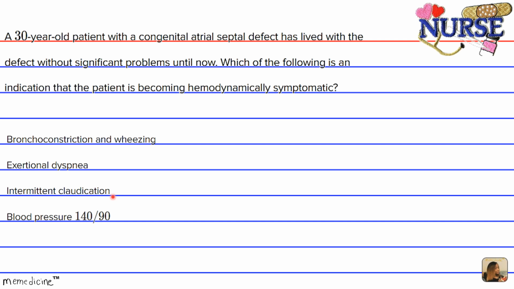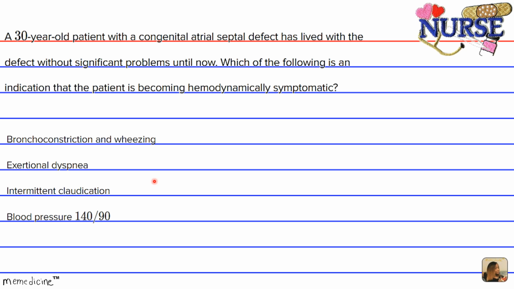But because blood, again, is shunted from the left side of the heart to the right side, which I showed you in the opening title card, pulmonary flow is thus increased to the lungs, okay?